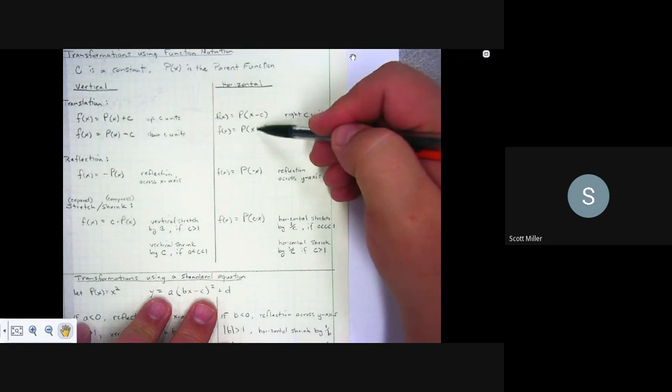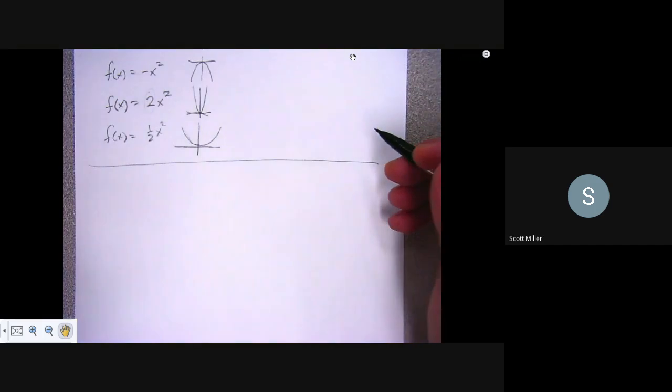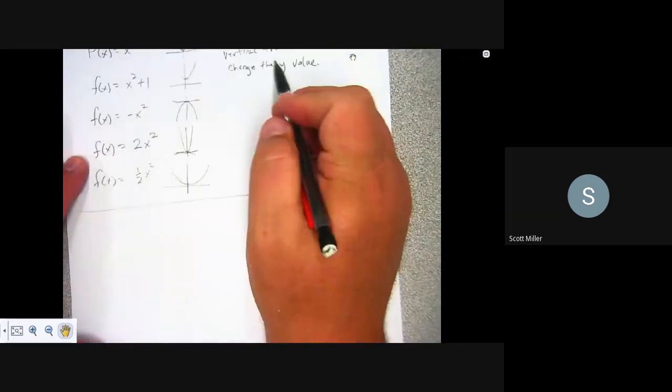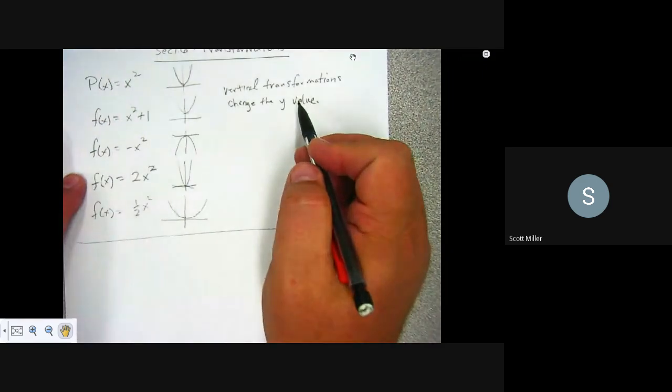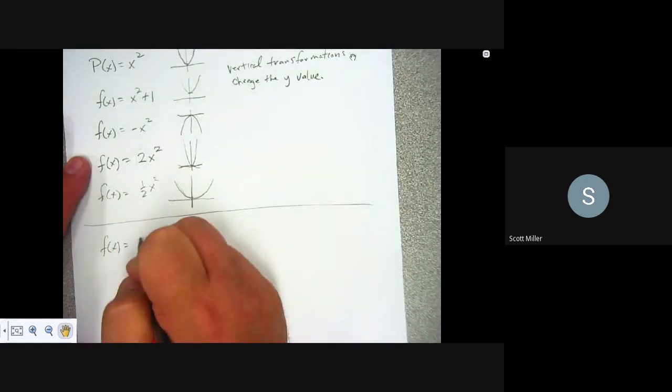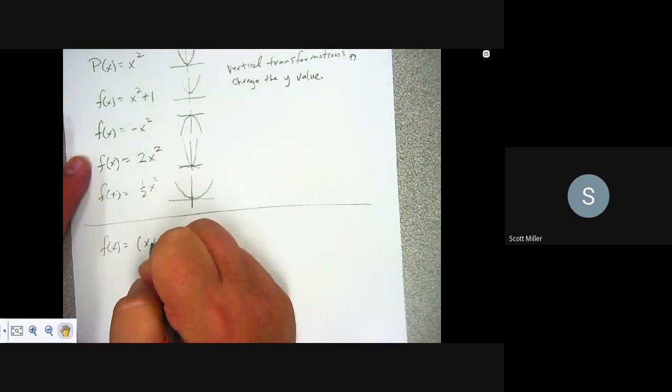If I have x plus a number, then I'm moving to the left, which is kind of like the opposite of what we would think. So just like vertical transformations change the y values, what's going on here, and we'll just do another example, use the same one. F of x is, this time I have x plus 1 squared.